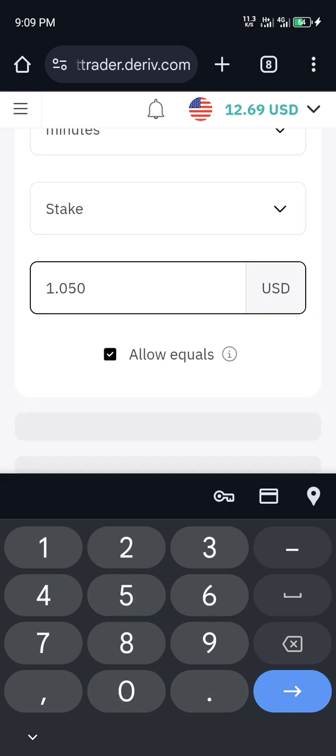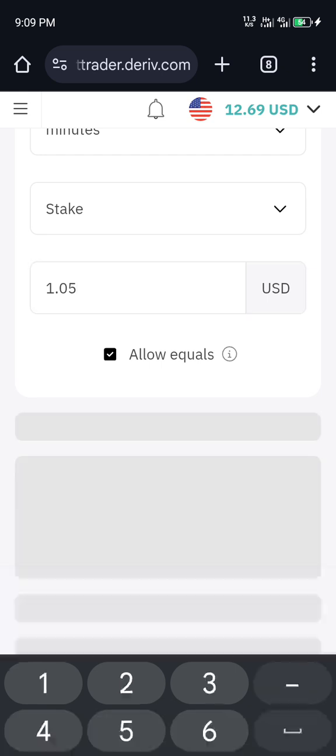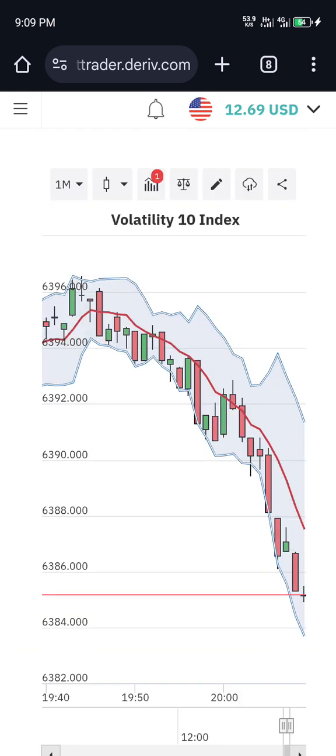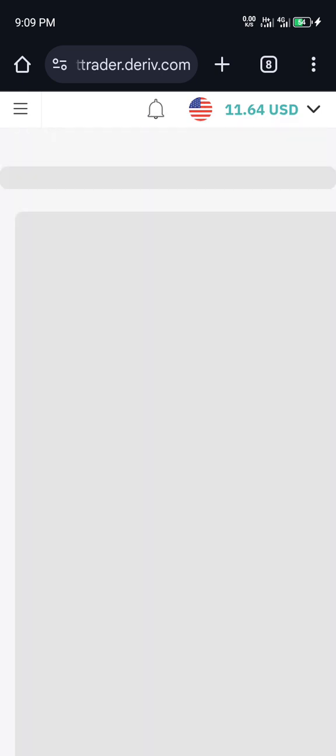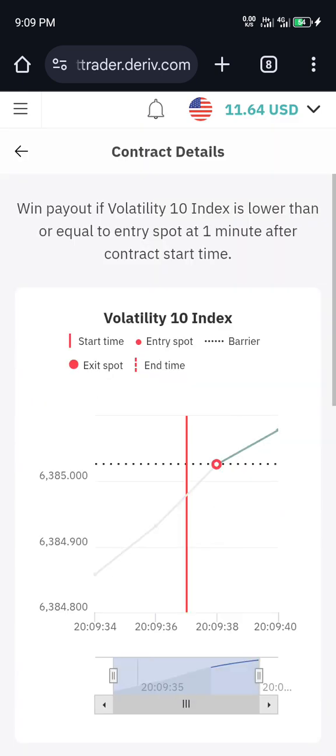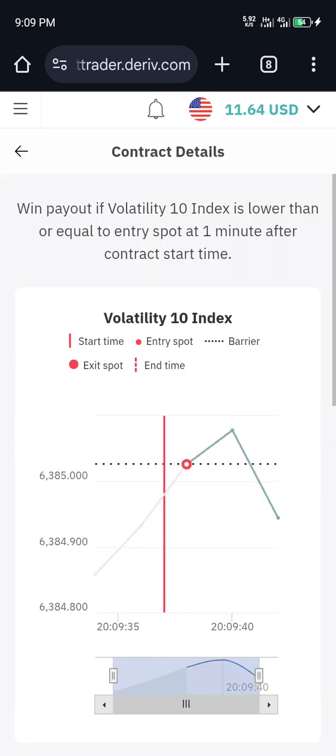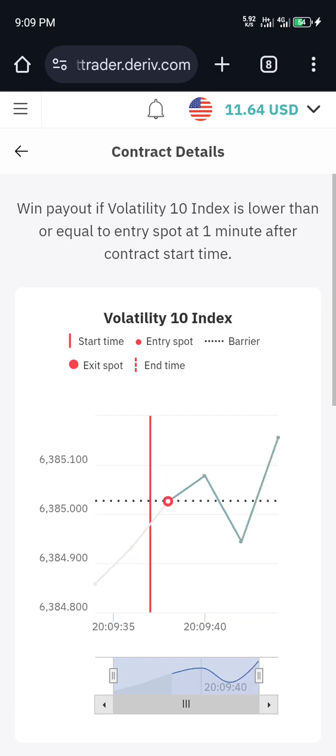$1.05. Okay. Now let's check out market. Oh, if it makes one more move down, I'll follow. I follow it. Sell at the market here is 45 cents.